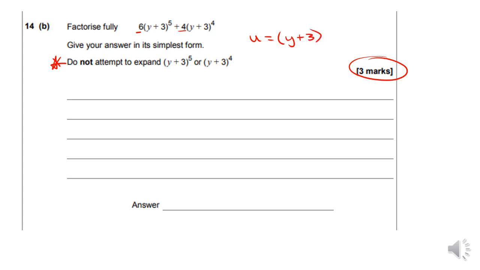So using that substitution, I've got 6u to the power of 5 plus 4u to the power of 4. If I wanted to factorise that, I'd be looking at the coefficients. They could both be divided by 2, so I'll have a factor of 2 on the outside. And the highest power of u that they both contain is u to the power of 4.